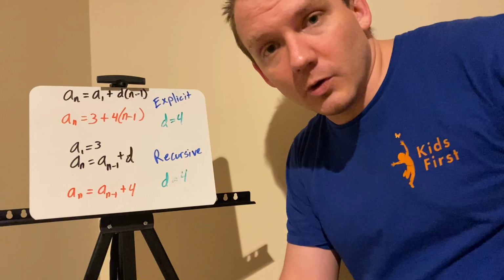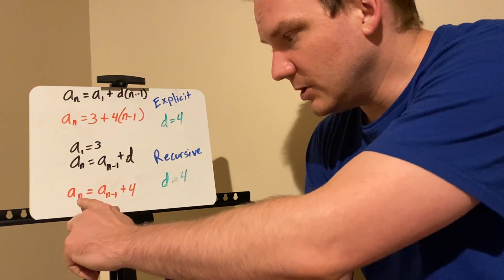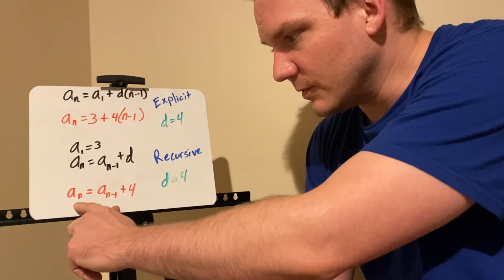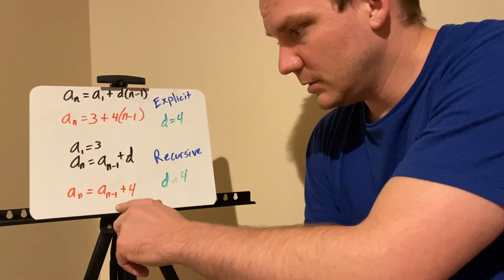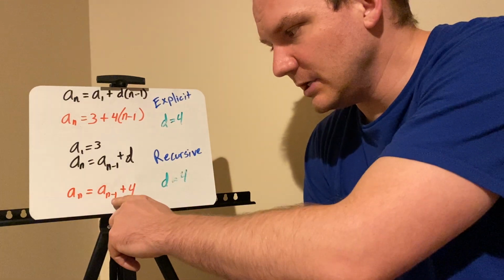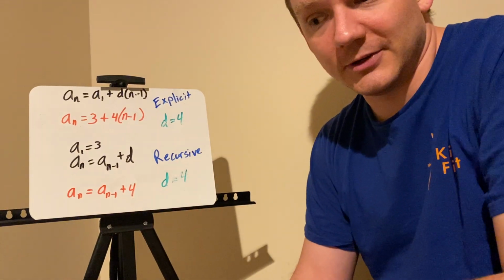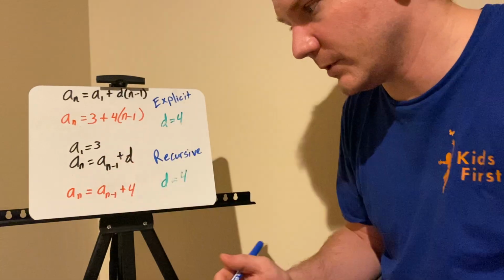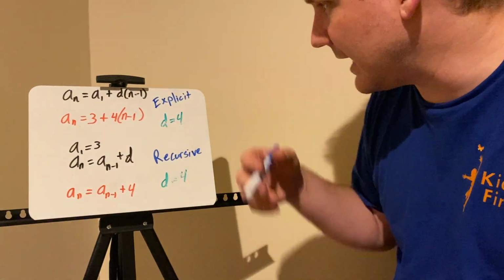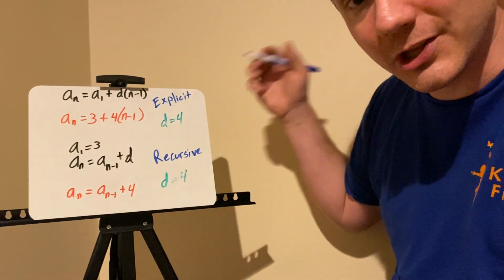So in the case on the previous slide, a sub n, whatever term that is, is going to equal the term before plus 4. And in order to figure this out, you need to know the term before. But then in order to figure out the term before, you need to know the term before that. So there's a lot of backwards work. You kind of got to work one step at a time in recursive. It's not as efficient as an explicit function, which is much clearer.